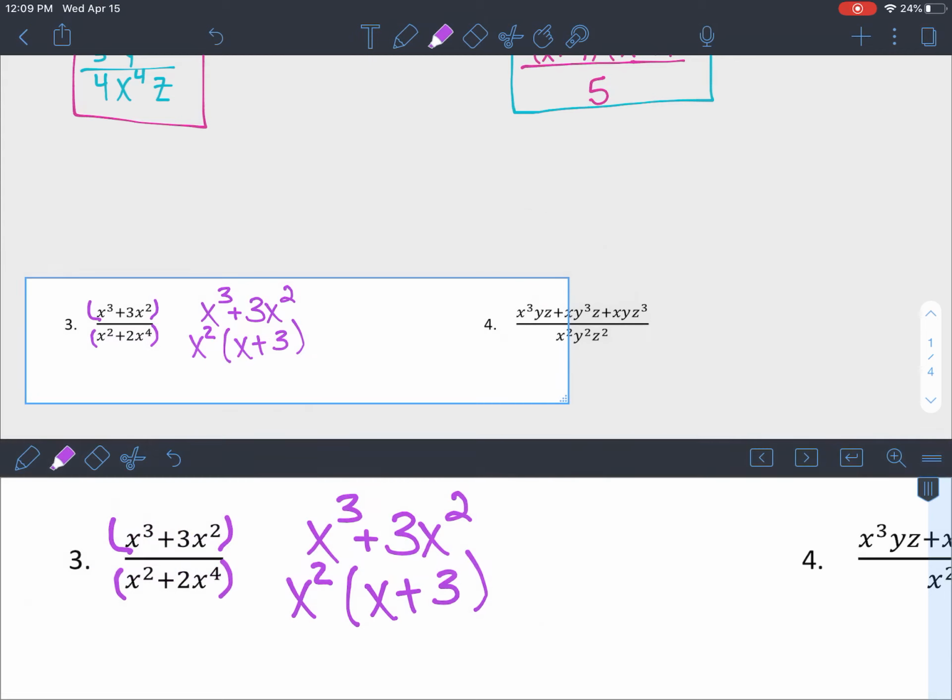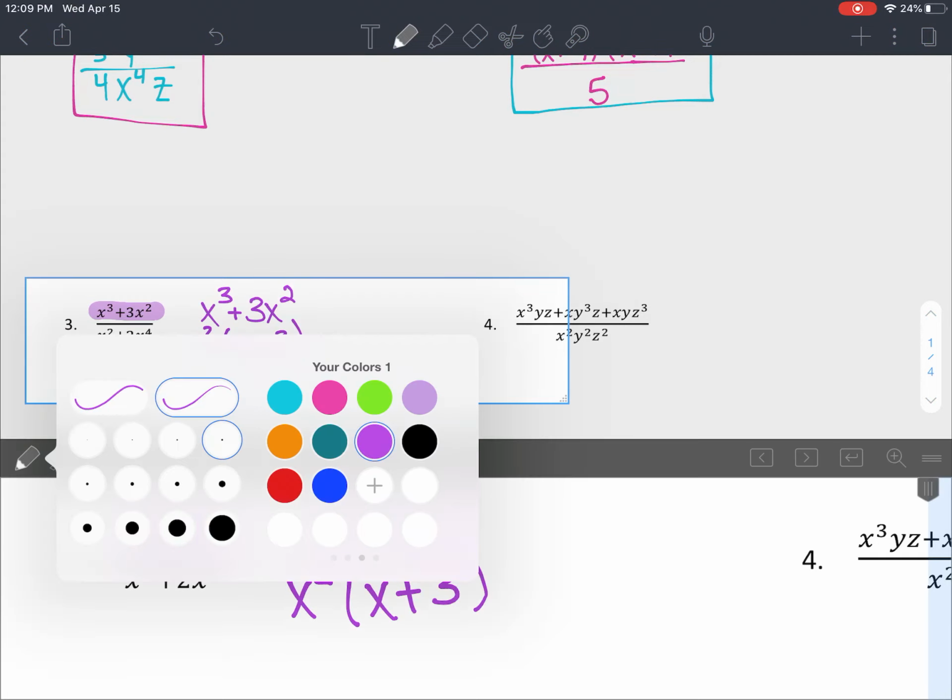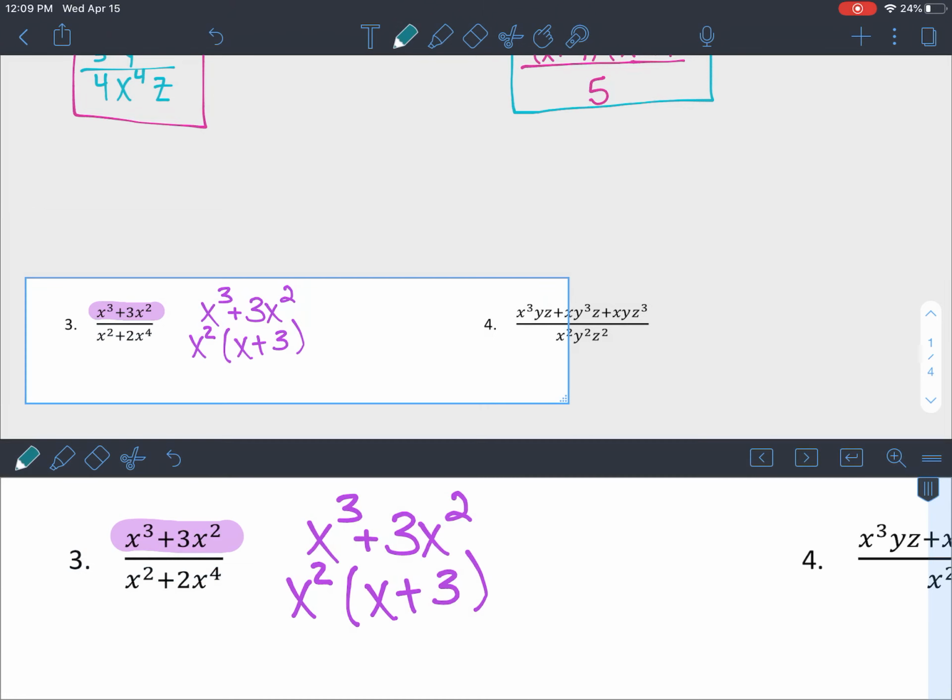So that's my top part. I can take out an x squared and I'll be left with x plus 3. So now let's talk about this bottom section. What can I take out of x squared plus 2x to the 4th? So my first term has 2 x's. My second term has 4 x's.